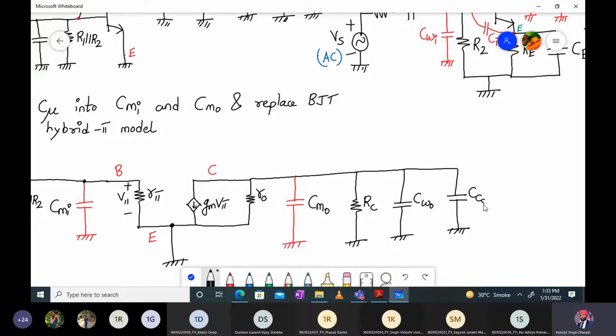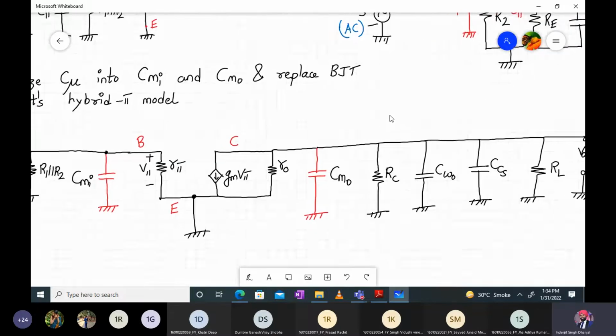All the parasitic capacitances have to be considered, followed by RL. And finally, I have at the output terminal V out, plus minus V out.